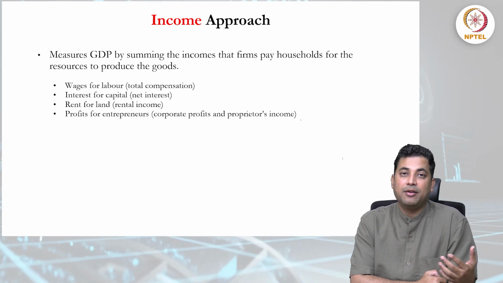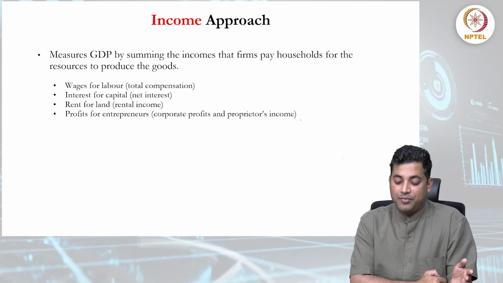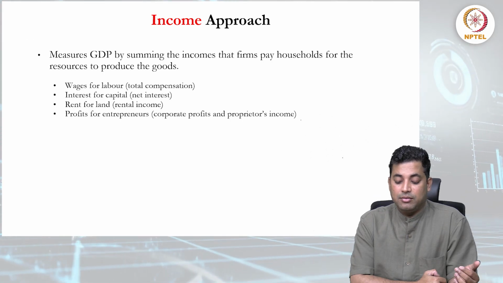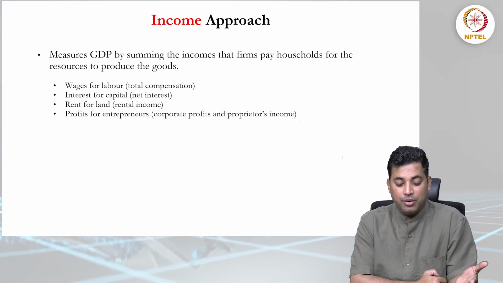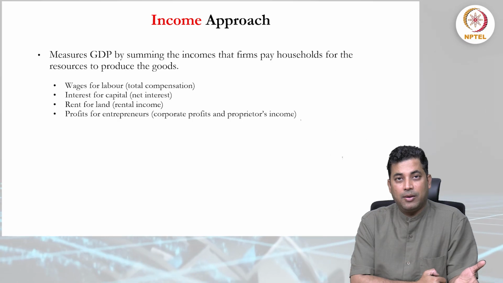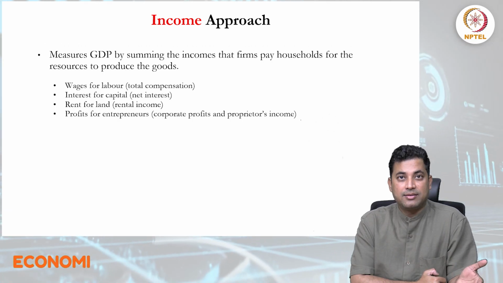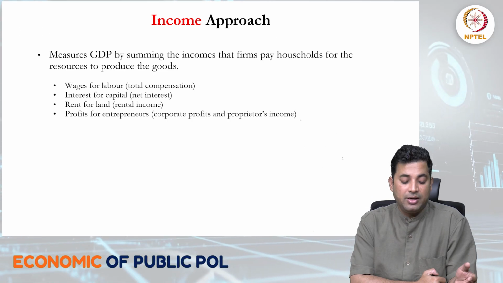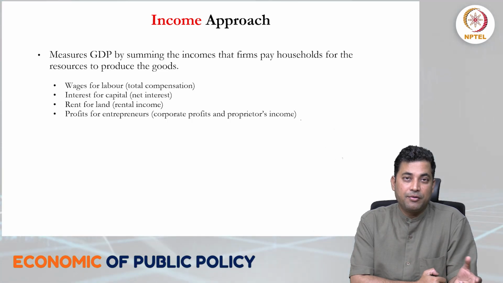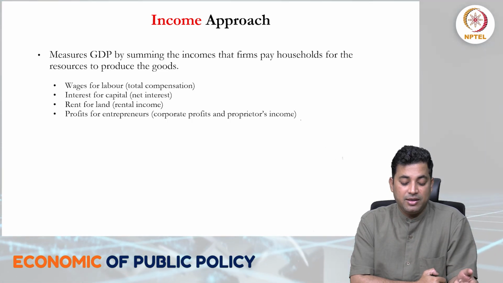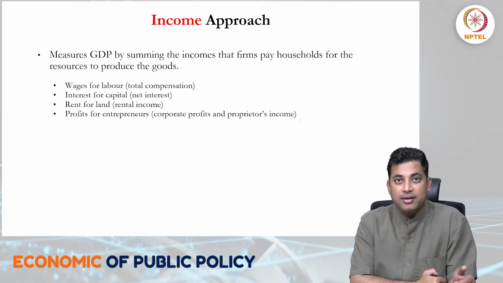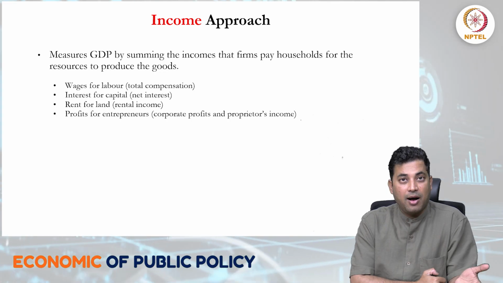So it's basically firm level data that we get, from those firms who pay factor payments in return. And in our last lecture we already showed the circular flow of two basic units, which are households and firms.